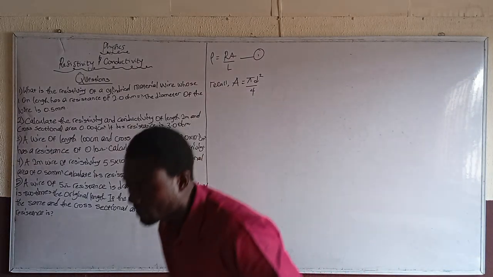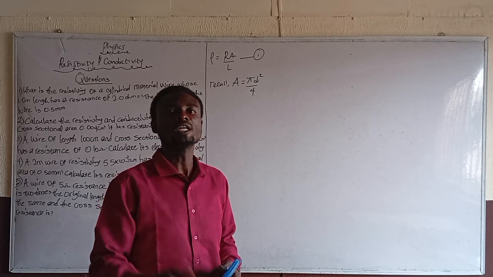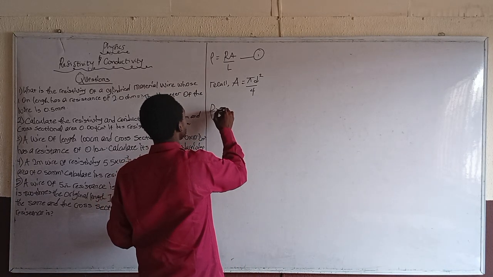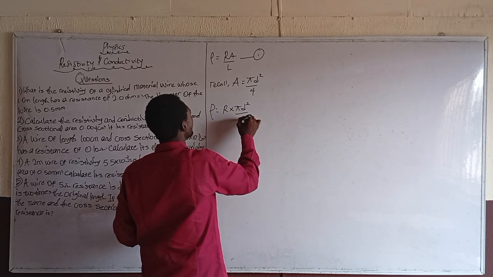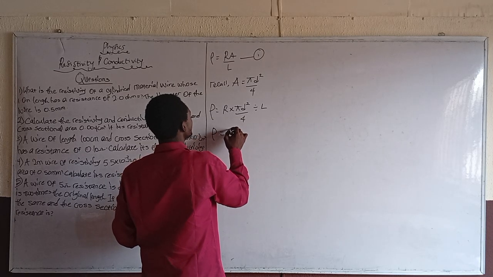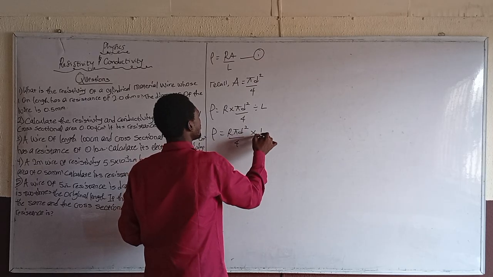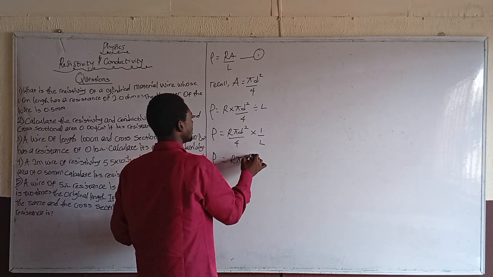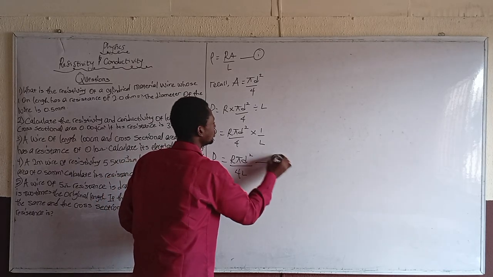So when you are given diameter, the formula for area becomes pi d squared divided by 4, which means that my resistivity is R multiplied by pi d squared over 4 divided by L. So resistivity is R pi d squared over 4 times 1 over L. Resistivity becomes R pi d squared over 4L. So I'll call this equation 2.